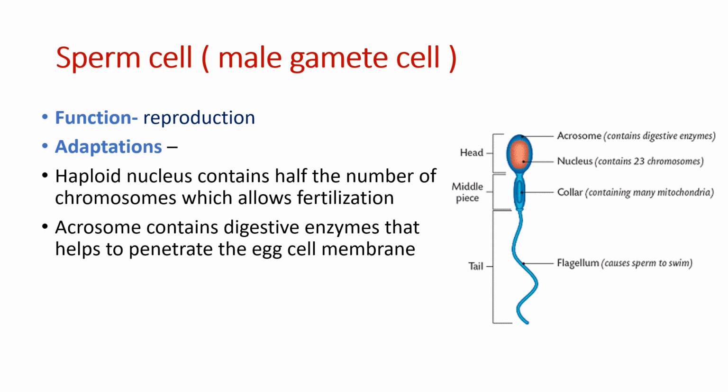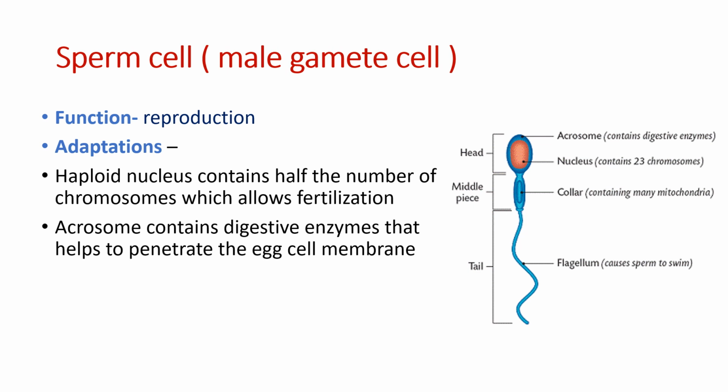At the tip of the head, there is a special organelle called the acrosome, which contains digestive enzyme. Once a sperm cell reaches an egg cell, these digestive enzymes are released so that the cell membrane of the egg cell would be digested and the two nuclei will be able to fuse together so that fertilization can take place.